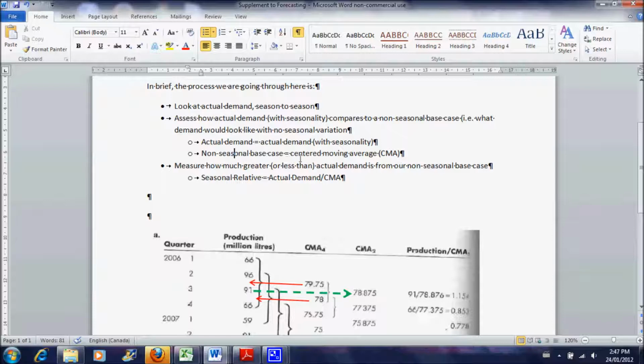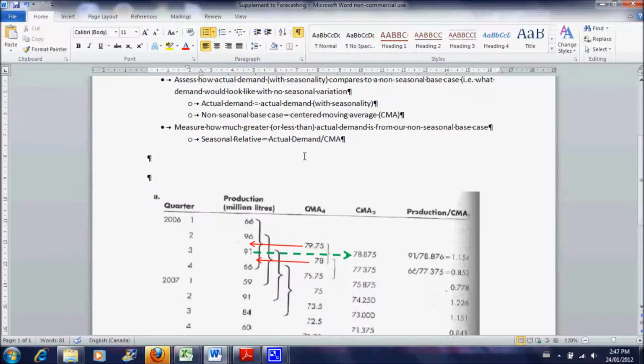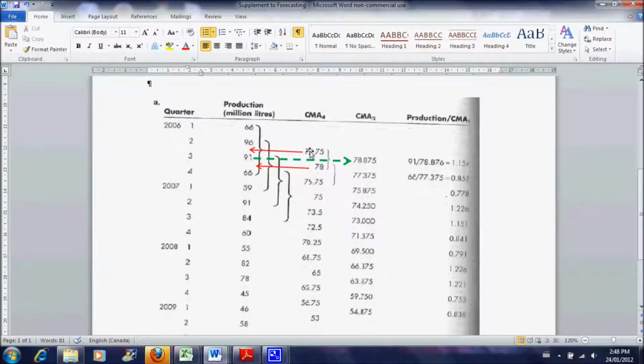Well, we do that by calculating the centered moving average, or the CMA. The CMA is basically the average demand for all 4 of the seasons we're looking at. Because we're taking the average, it smooths out the seasonal variation. If we calculate the moving average for each 4 season period, we're smoothing out the seasonal variability.